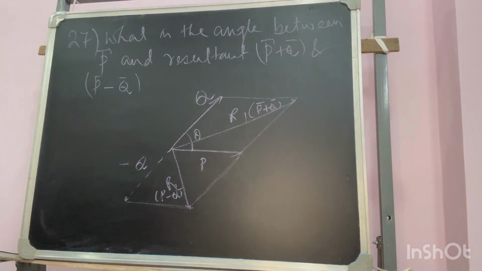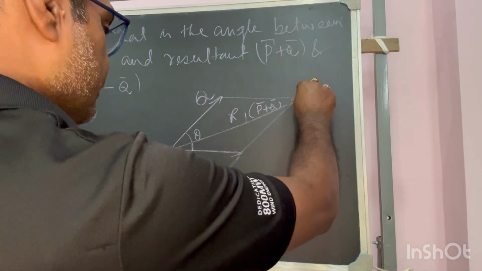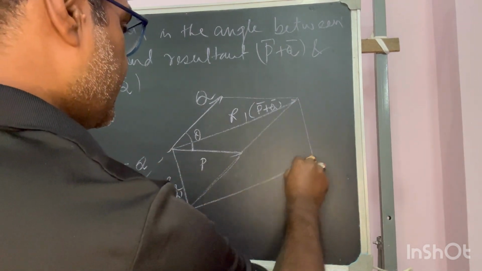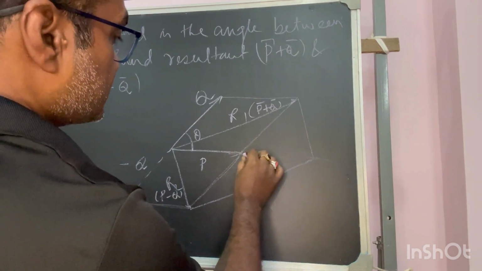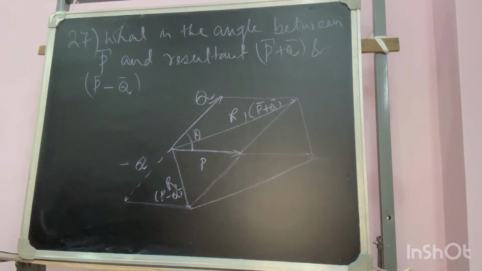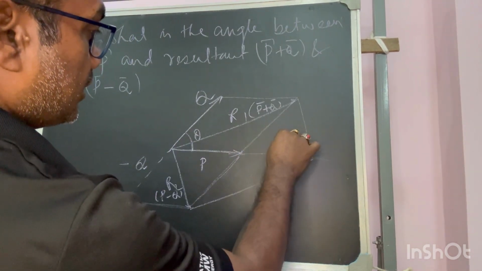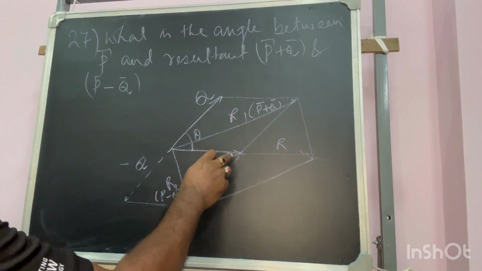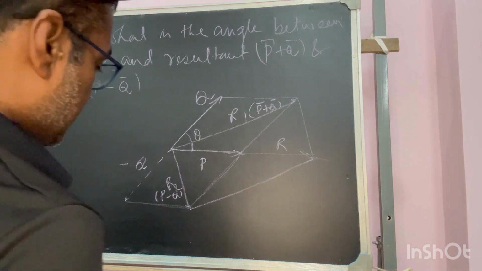Now we have to find the angle between the resultant of these two. If this is the resultant R, let's say, we need to see whether it is collinear with P or not.